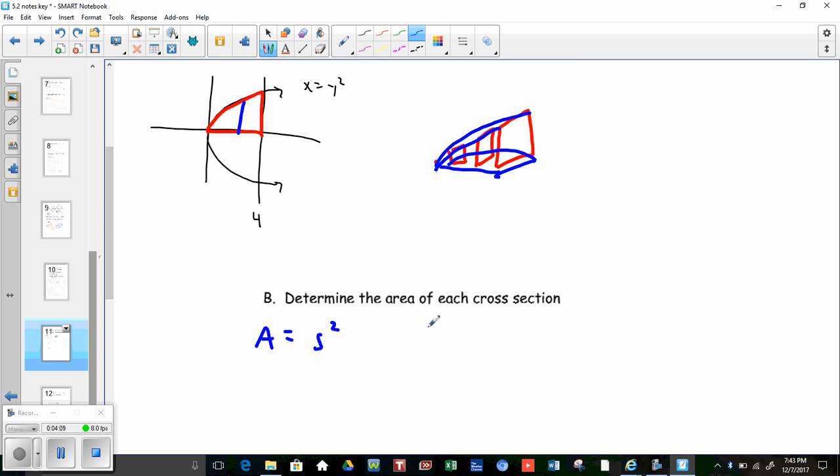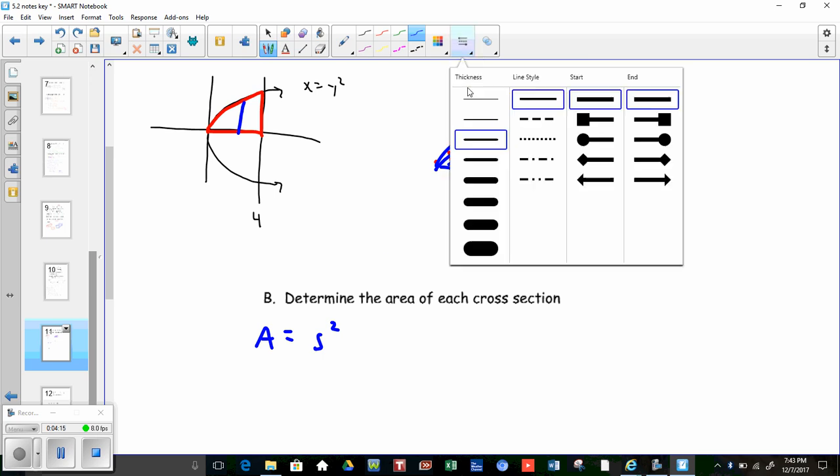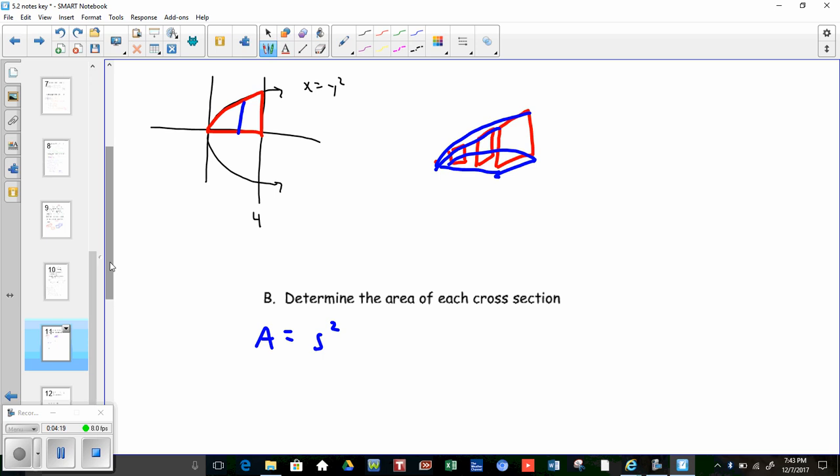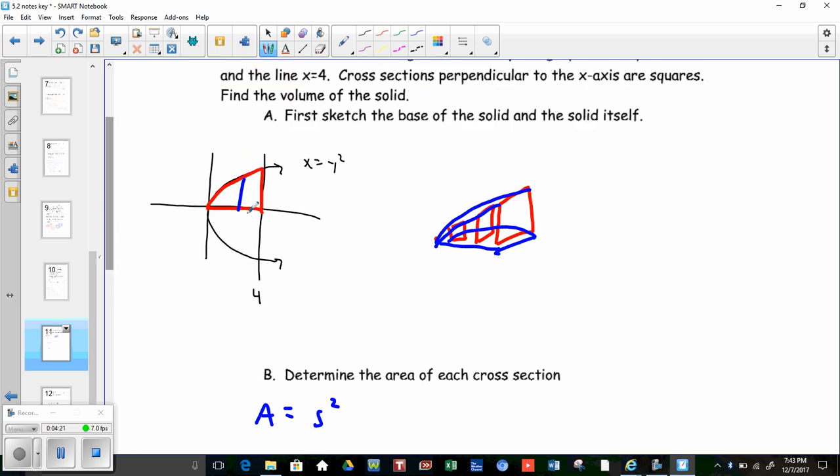Typically I won't use s's because they look too much like 5s, but that's how you find the area of a square. And in this case, one side is determined from the distance from here to here, from the bottom up to the top of the function, from the x-axis up to the function. So that's one side, and that side is determined by this function right here.